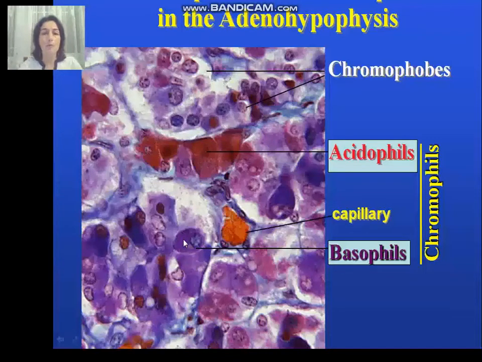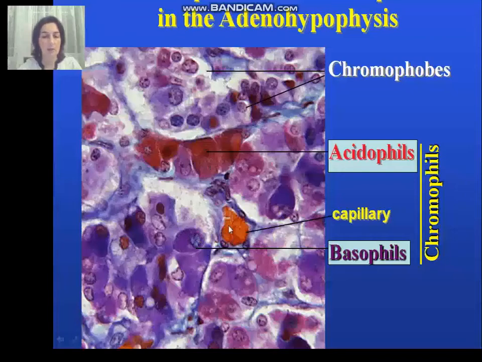They are called acidophils and basophils because of their staining features. These staining features are due to the presence of secretory vesicles, secretory granules that contain hormones. The cells produce hormones that are stored within the secretory vesicles, and according to the staining features they are subdivided into acidophils and basophils.